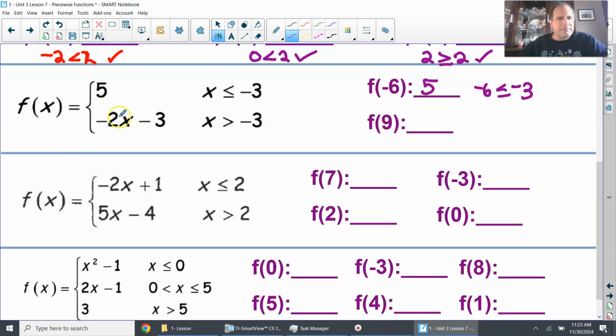This one right here is negative 2x, so this is 9. So 9, that's greater than negative 3. So that's the one that you would use. So that's a check mark right there. 9 is greater than negative 3, so that is the one that you would use, negative 2x minus 3. So you would just do, on the bottom here, negative 2 times 9 minus 3.